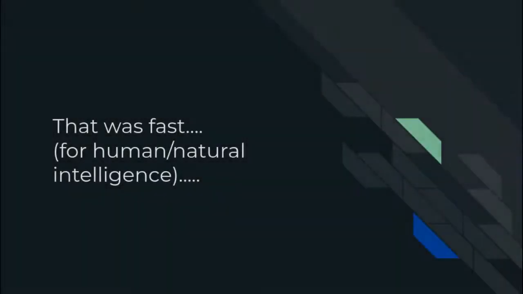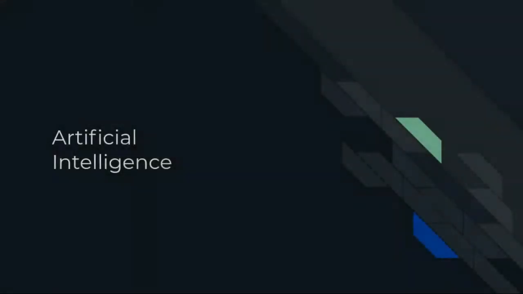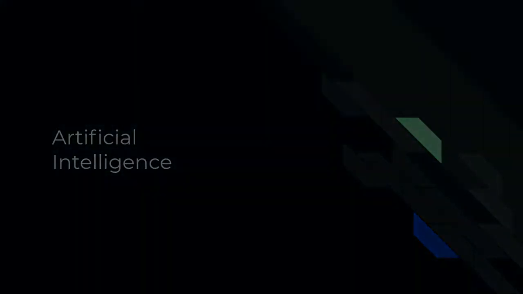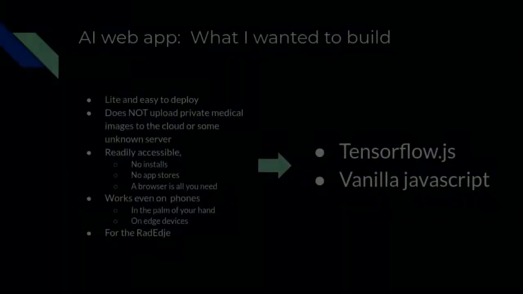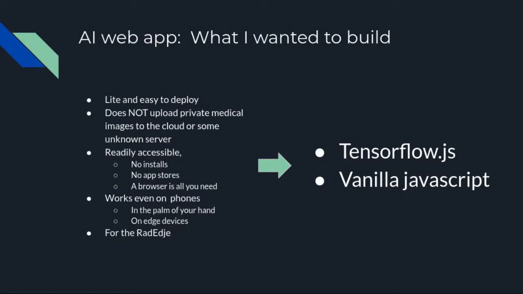So that was fast for human or natural intelligence. Now for artificial intelligence. I wanted to build something light, something I could easily deploy, and more importantly, something that does not require private medical images to be uploaded to some unknown server in the cloud.